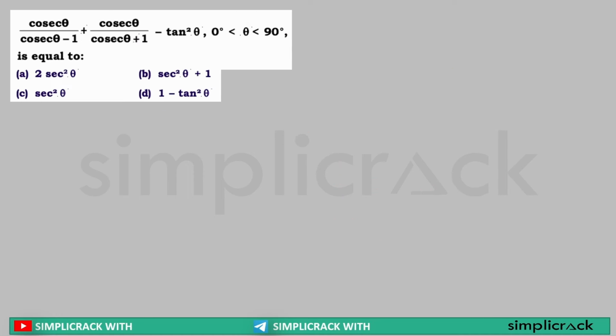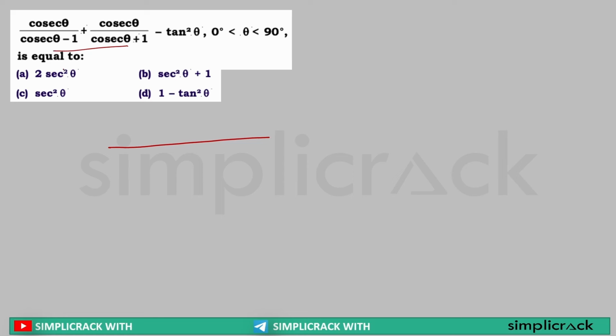Next. cosec theta by cosec theta plus 1 plus cosec theta by cosec theta minus 1, minus tan square theta. Now, what I have told you. This thing can be written as cosec theta into 1 by cosec theta minus 1. In order to solve that, what can I do? So, let's not do this.